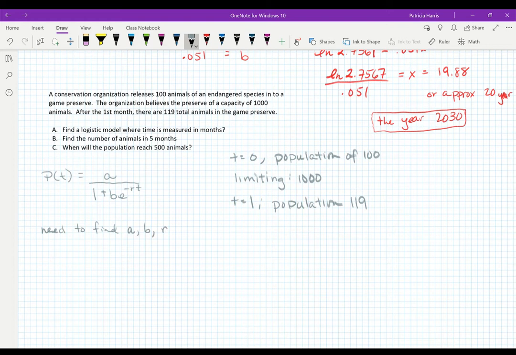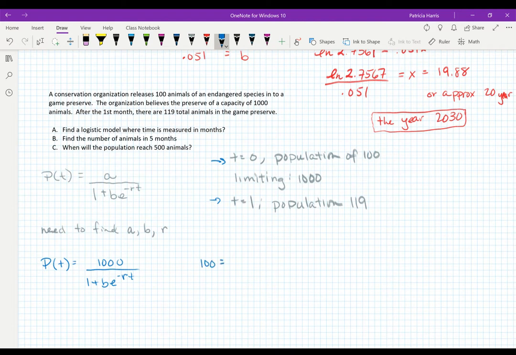Okay, so we actually already have A. A is our limiting factor, so our equation now looks like this. Now we're going to use the two data points here and here to find B and R. First we're going to use t equals 0.